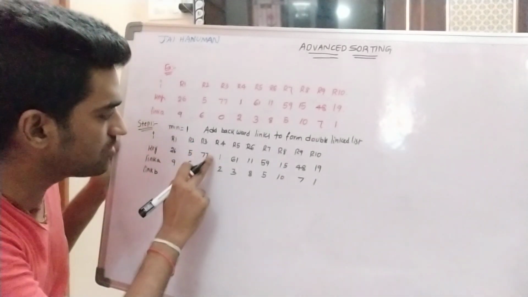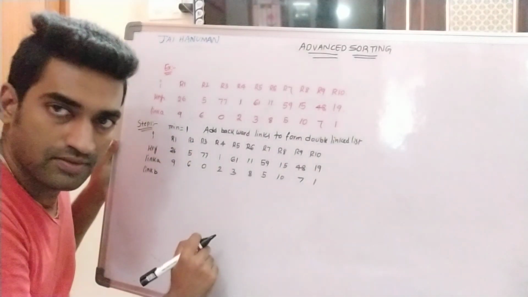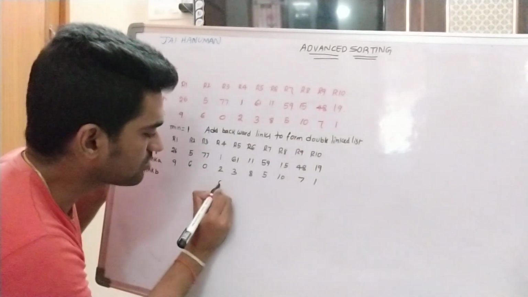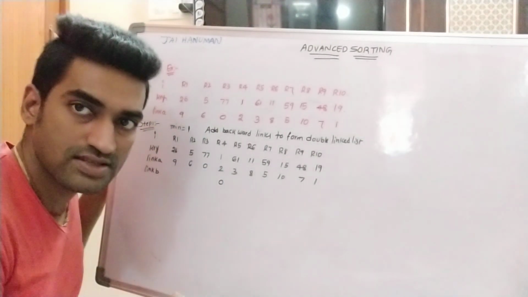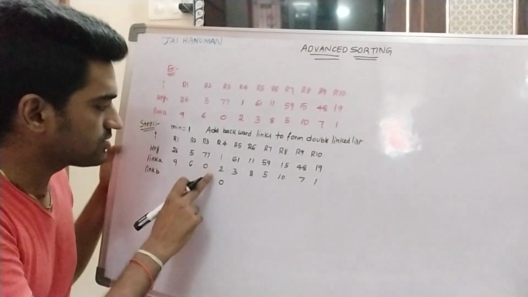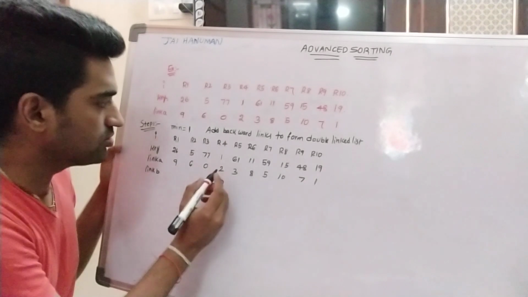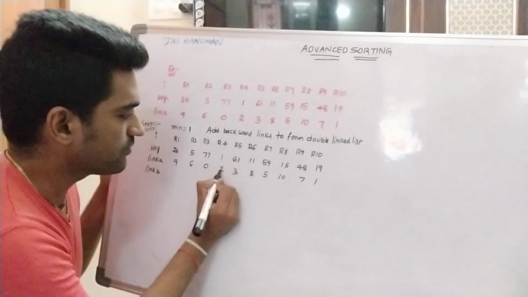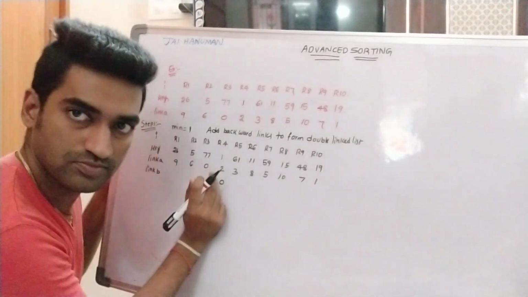What is the minimum element? 1. So the link starts from 0, so here I am placing 0. Then check the link A of the first element, 2.